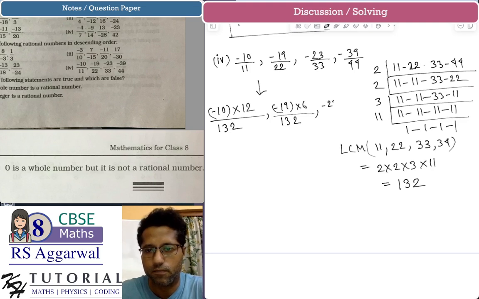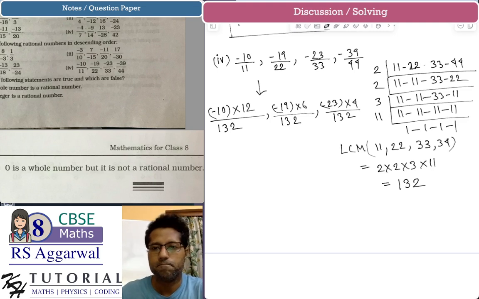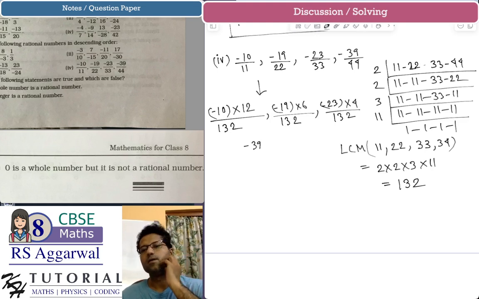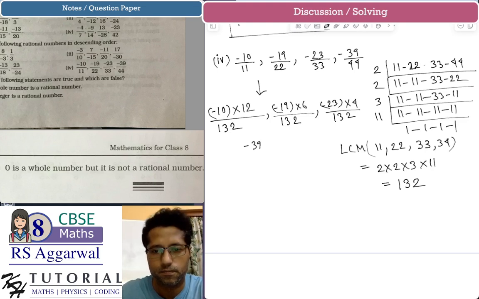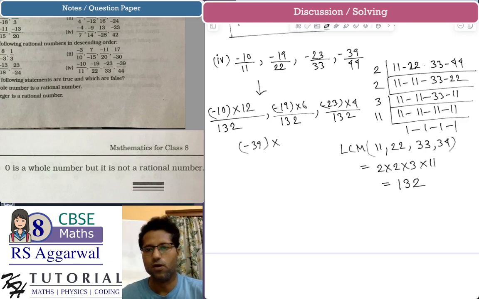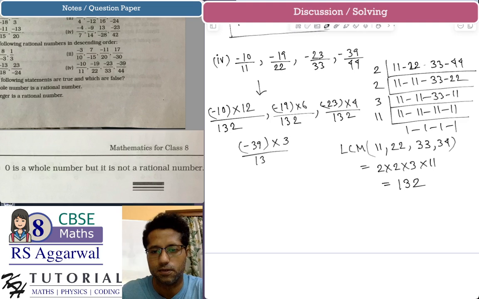So the equivalent form will be minus 23 into 4 by 132. And finally, minus 39 by 44, if you multiply 44 with 3, you get 132. So the equivalent form of minus 39 by 44 will be minus 39 into 3 divided by 132.